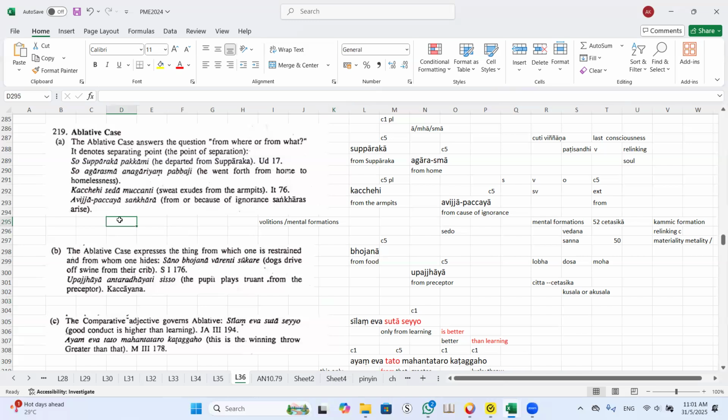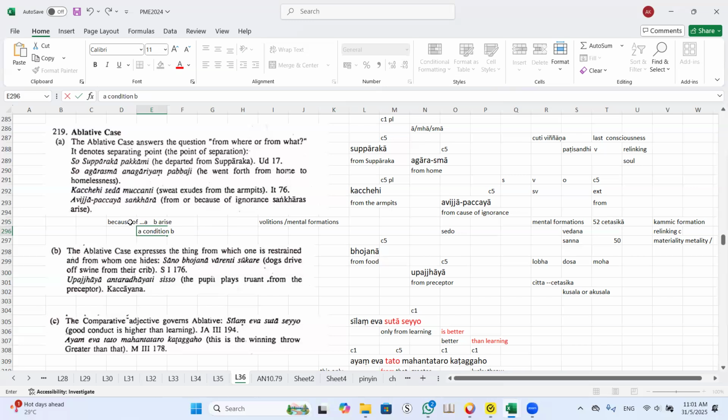The word paccaya means because of something. Because of A, B arises. This is how they use it: because of A, B arises. So then you say A conditions B.